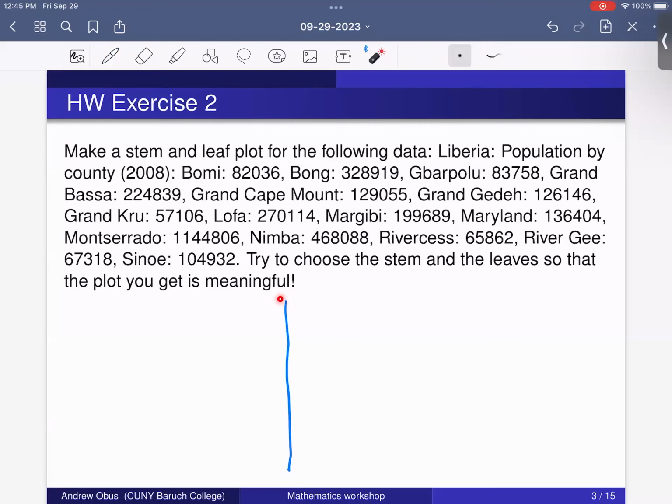Okay, so the idea is the first 2 digits for the stem.